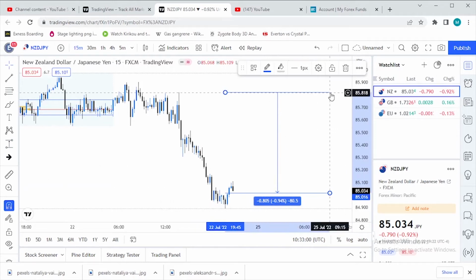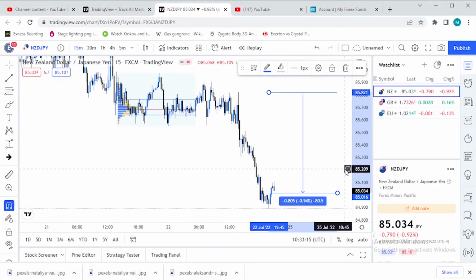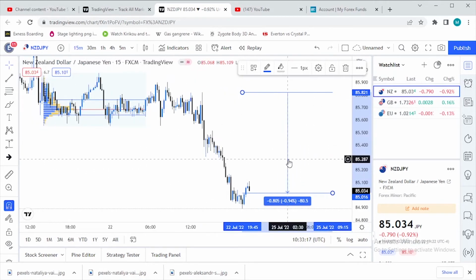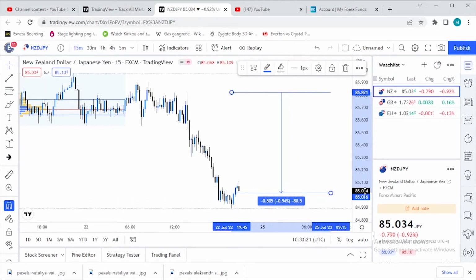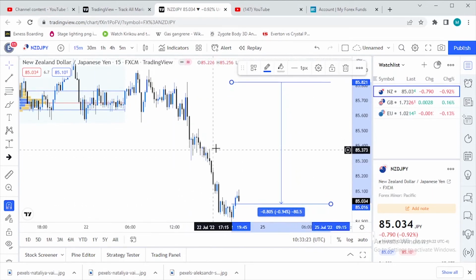So right here the difference is going to be 80.5 pips, because you subtract the first two figures after the decimal point right here from what you have here. It's going to be around 79, but the measurement tool gave us around 80.5 because of, I think, the coordinates. So basically that's it.